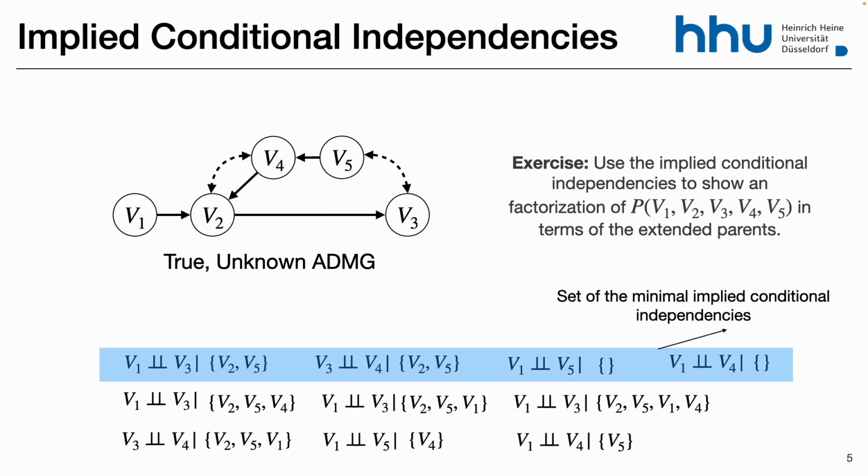So if I ask you, show that the factorization of the parents is actually valid on this, then it's just a matter of showing that the conditional independencies used in the conditioning in the factorization are implied by the graph. Okay. Questions up to this point? No questions.